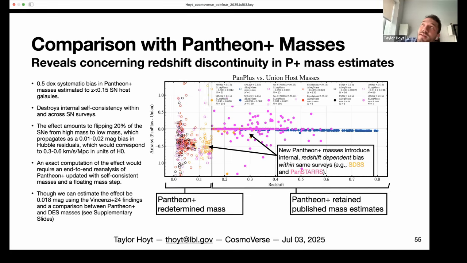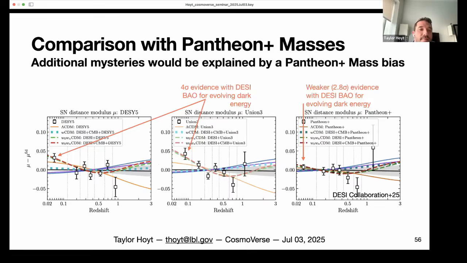And if you compare the DES masses to Pantheon, it's about a 0.3 dex offset from the low and high redshift bin. So if we just scale it up to 0.5 dex, you get 0.018 mag, or actually 0.016, sorry. But yeah. So finally, some additional mysteries would actually be explained by a Pantheon Plus mass bias.